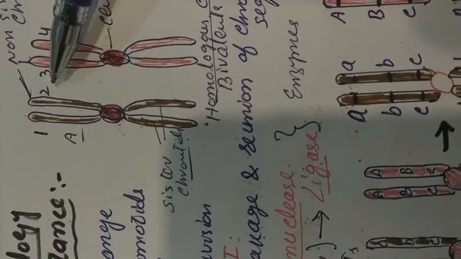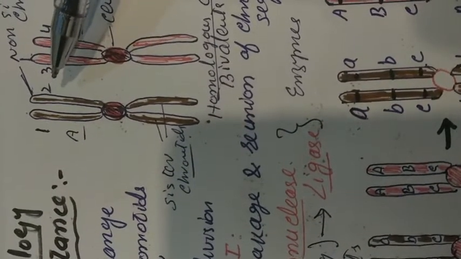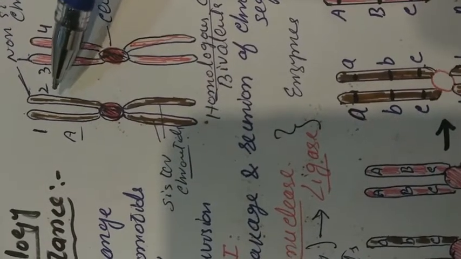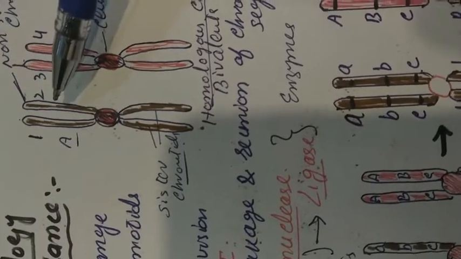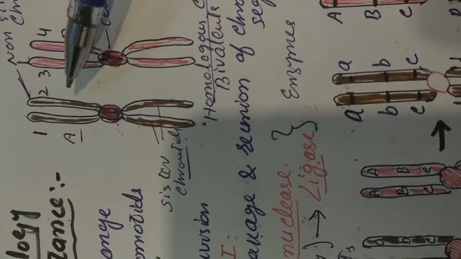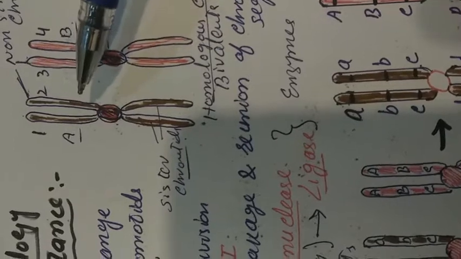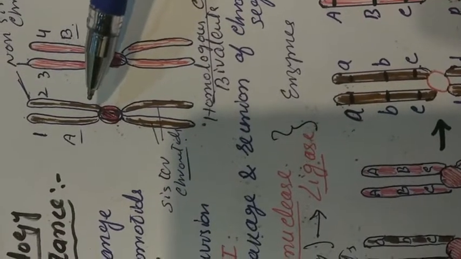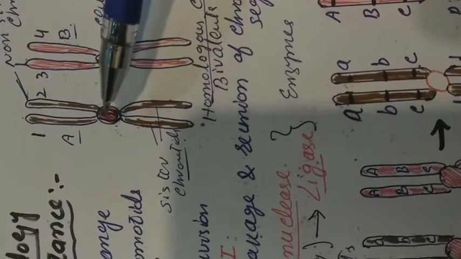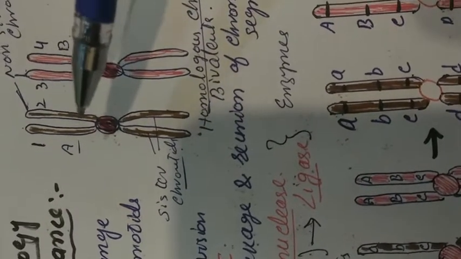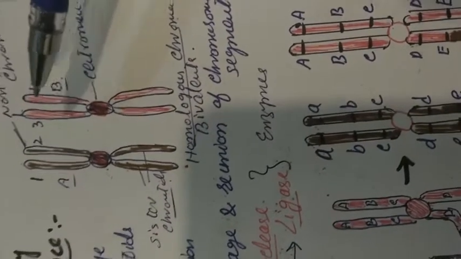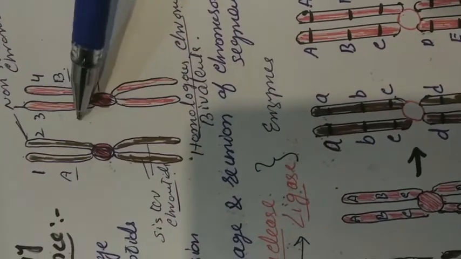This exchange of segments, or we call it crossing over, actually takes place during the meiotic cell division at pachytene stage of prophase 1. Now, crossing over actually takes place by breaking and reunion of these chromosomal segments.